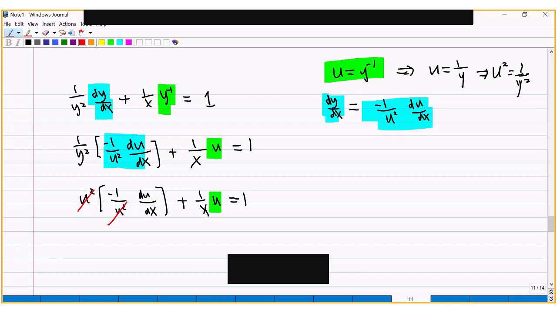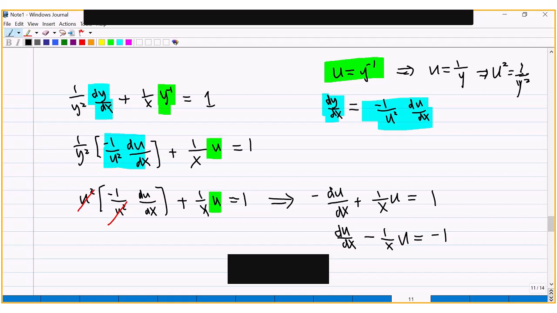So you have the equation finally as negative du/dx plus 1 over x times u equal to 1, which is saying that du/dx minus 1 over x times u equal to minus 1.